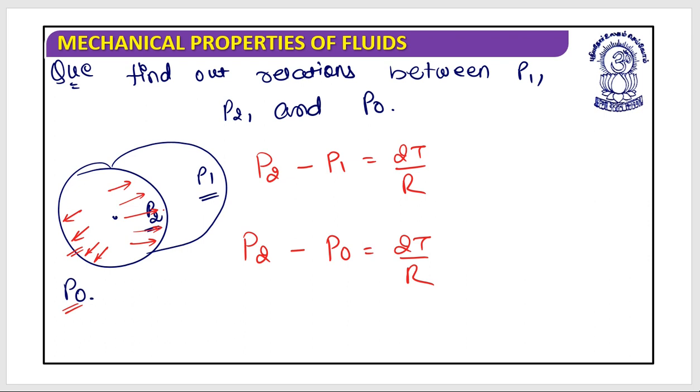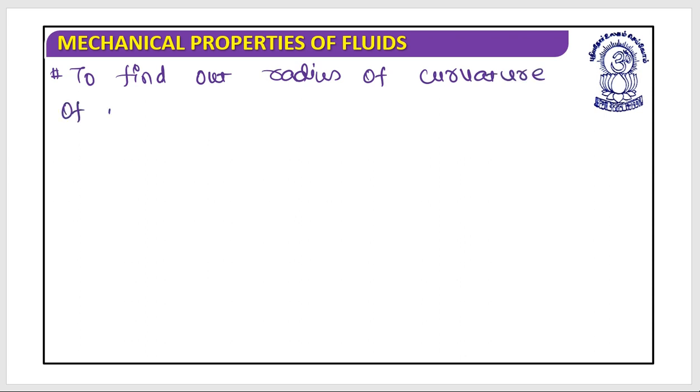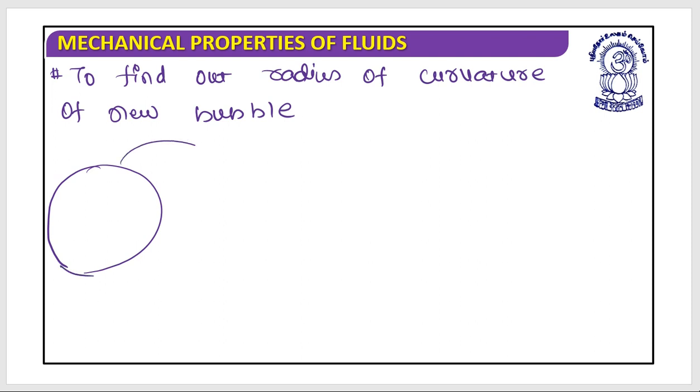Great. From this concept of excess pressure, we can find out the radius of curvature of the new bubble. Let's suppose this was the first bubble and this was the second bubble. This is R1 and this is R2.